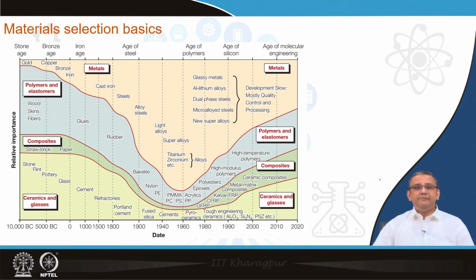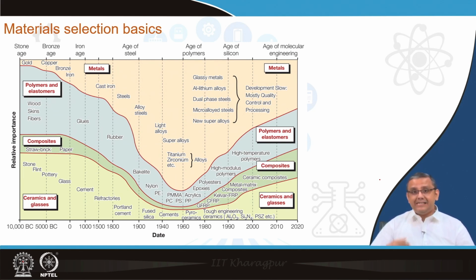One very important aspect that I would like to draw your attention to is the time period between the 1940s and 1960s. This period is very important for current civilization and the current industrialized world, because many of the technological developments took place in the aftermath of the Second World War. Although we started initially with non-metals like stones, wood and so on, around 1940 to 1960, metals were the majority of the material used for all applications.